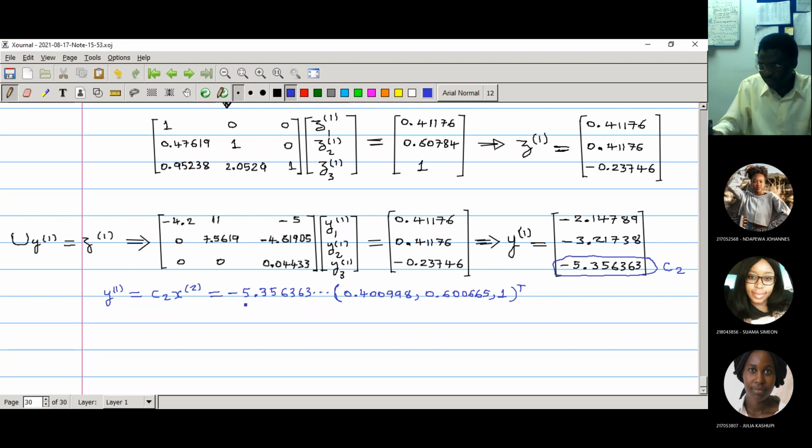Now you can look at the factor here. You see -5.35, right? So we can write that x2 is this. You can copy that.